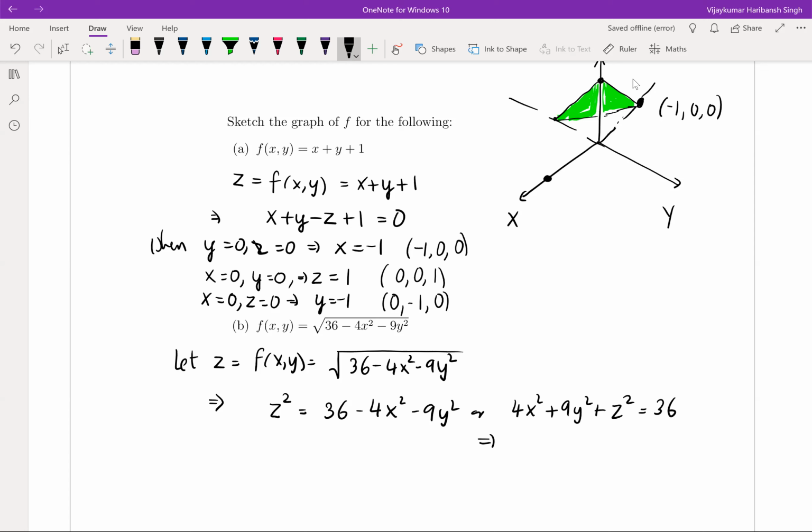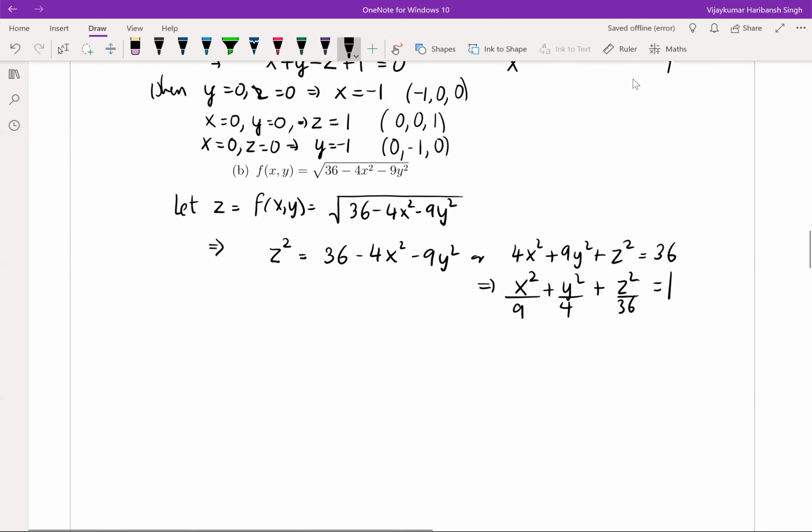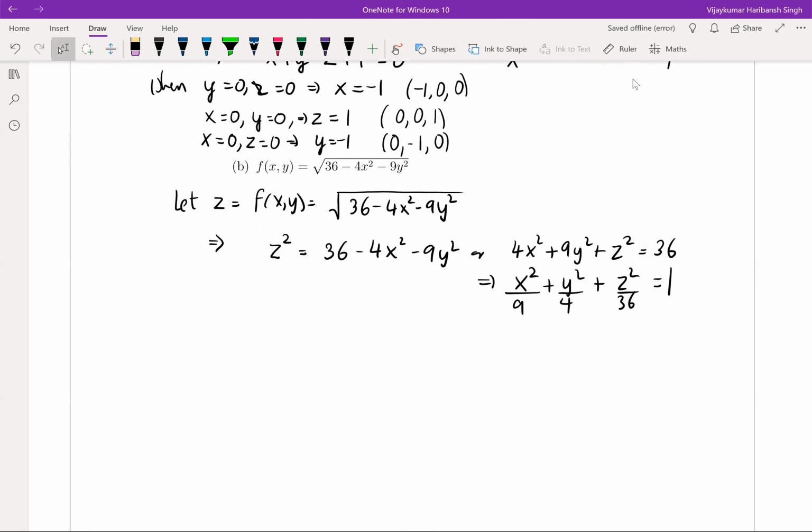If you divide throughout by 36, we get x squared by 9 plus y squared by 4 plus z squared by 36 equals 1. Later in 12.6, we will see that this is the equation of an ellipsoid. Since z is greater than 0, we have only the upper part of the ellipsoid.